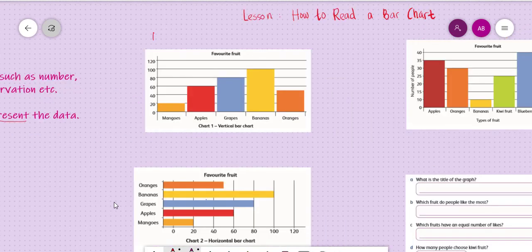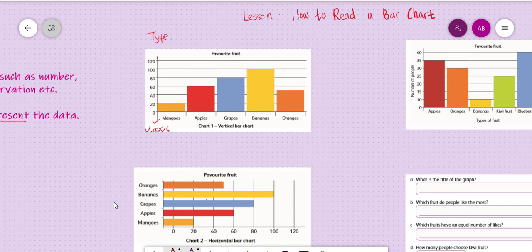Now we will continue with the types of bar chart. There are two types of bar chart. First is the vertical bar chart, in which the information is represented in the horizontal line, but the frequency is on the vertical axis. This one is the vertical axis, everyone.